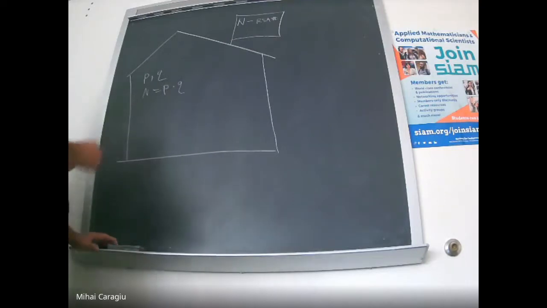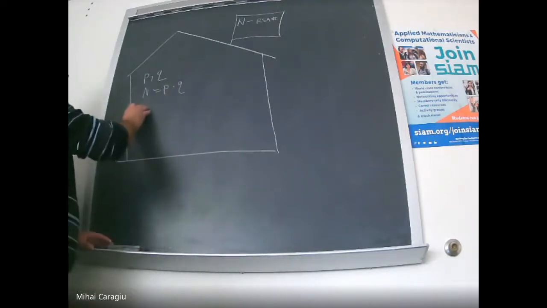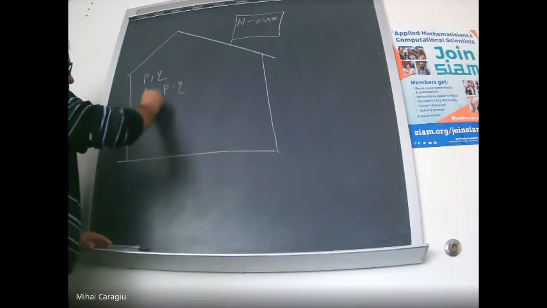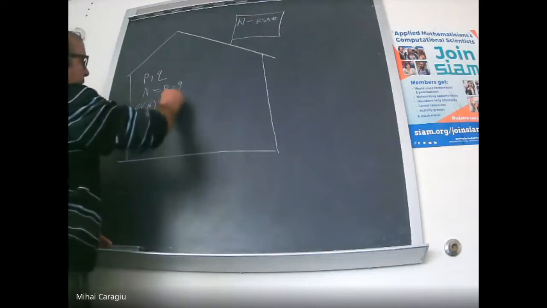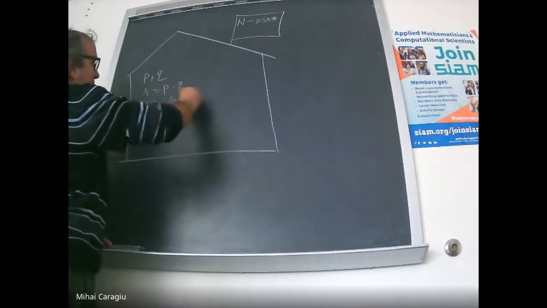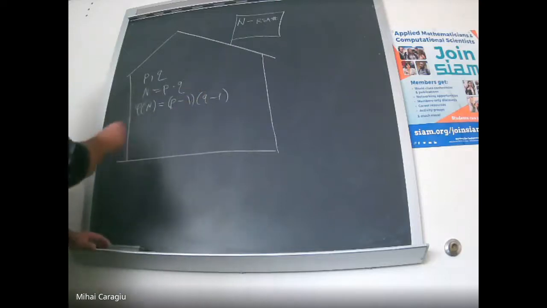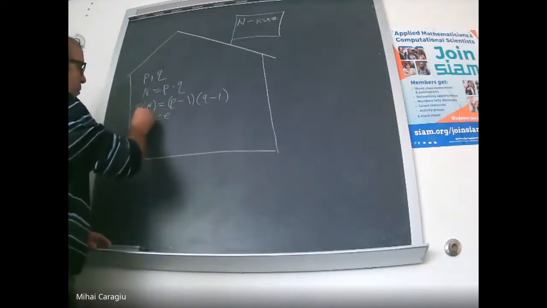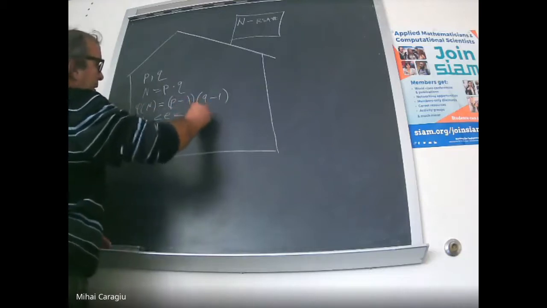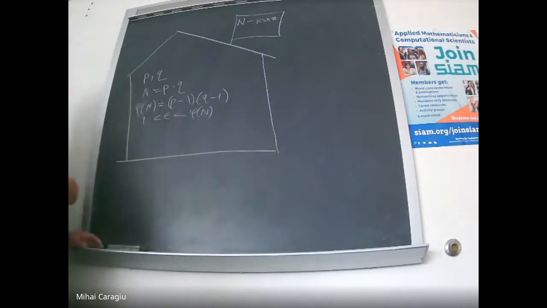Now, in the privacy of her space, she calculates the Euler totient function phi of n, which will be, by the formula we discussed, p minus 1 times q minus 1. And she selects a number e between 1 and phi of n with no common factors with phi of n.